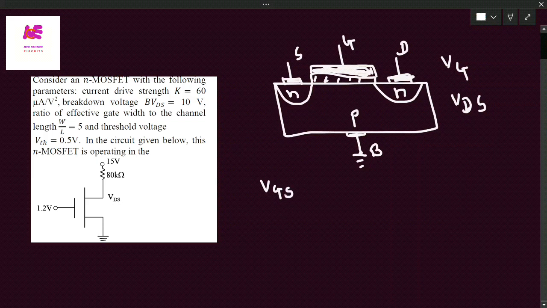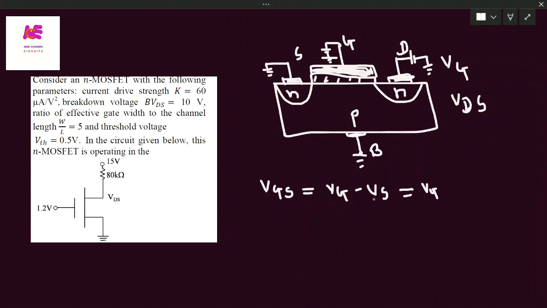VGS is nothing but the voltage between the gate and source terminal, that is VG minus VS. So if we consider VS also at ground, and we apply some voltage to the drain terminal and some voltage at the gate terminal, we can call it VG only because VS is 0, which is nothing but the VG voltage only.